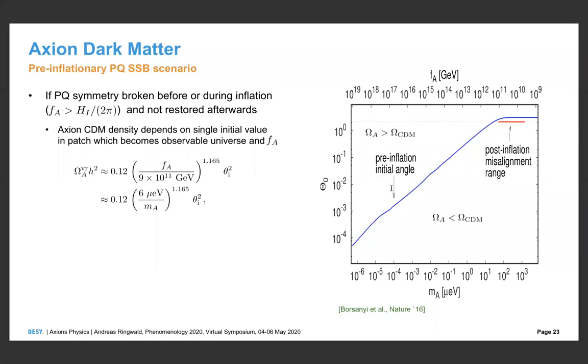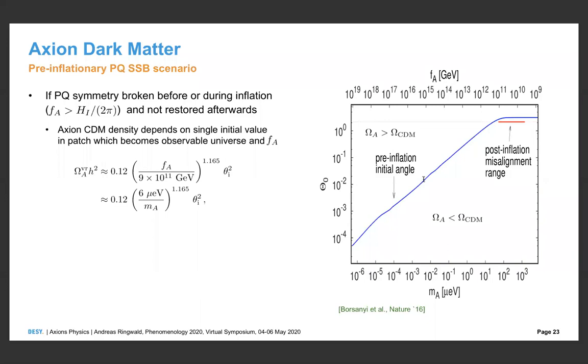In this scenario, for all masses you can match the observed dark matter relic density. However, if f_A is much larger than 10^12 GeV or so, then you need a smallish initial value.